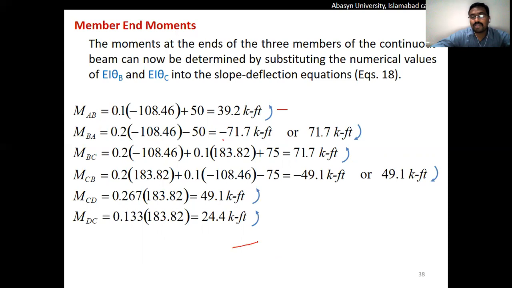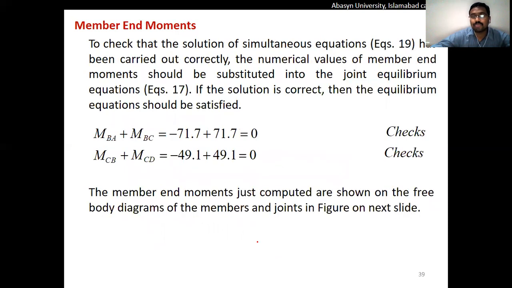And once we find out the values of all these 6 moments, we plug them back into the compatibility equation that we wrote in the initial step using the degree of freedom, that is MBA plus MBC.